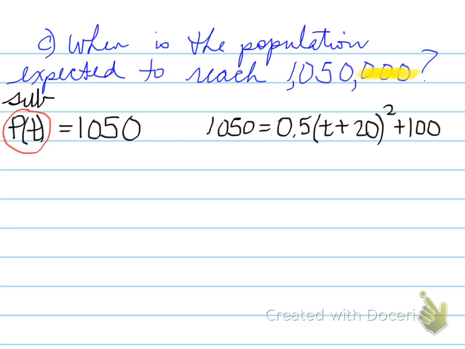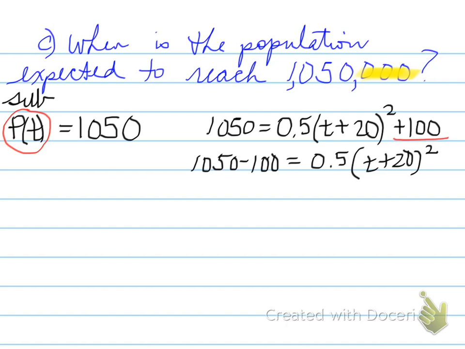How do we solve this? Well, we do it step by step, folks. We take the 1,050 and we move the plus 100 to the other side, and it becomes 1,050 minus 100 equals 0.5(t + 20)². 1,050 minus 100 is 950, which is equal to 0.5(t + 20)². What do we do now?